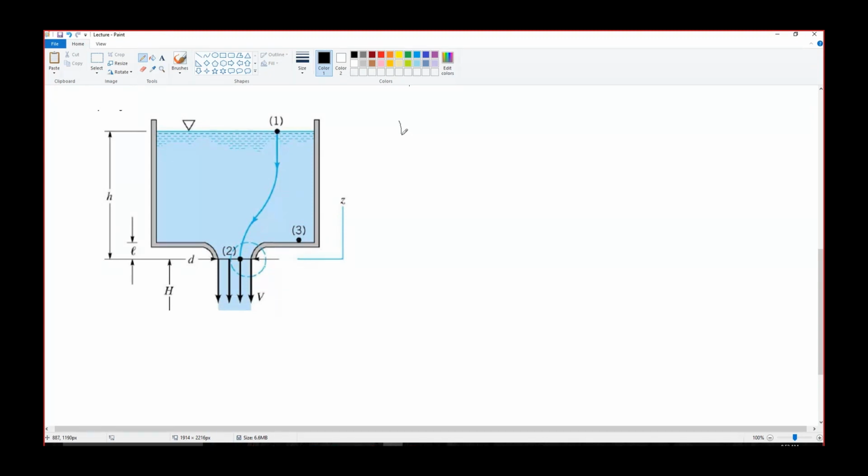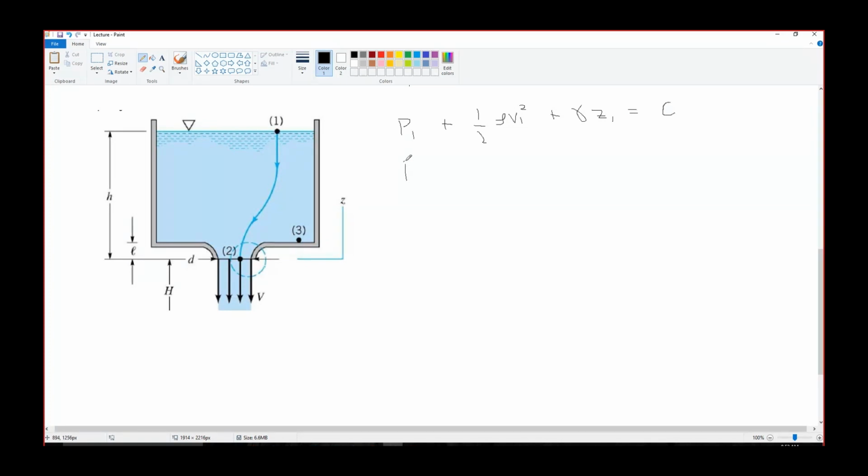So if I write P1 plus half rho V1 square at point 1 plus gamma Z1, this is equal to some constant C, which is the total pressure.